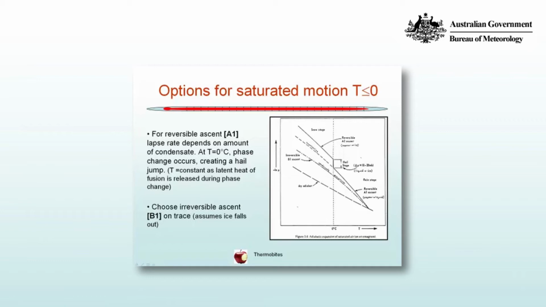And then you can see that there's reversible ascent above that, where the ice is said to be contained within the parcel. So what we're going to do instead on the QT log P aerological diagram is assume an irreversible ascent all the way up. So firstly liquid water precipitates out, and then the ice precipitates out as well, to avoid things like the hail jump and the complications due to the liquid water being retained.